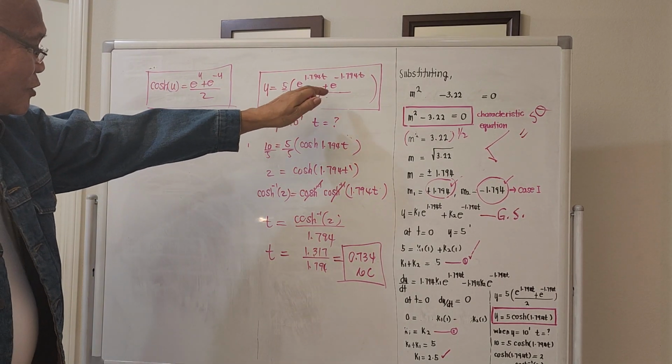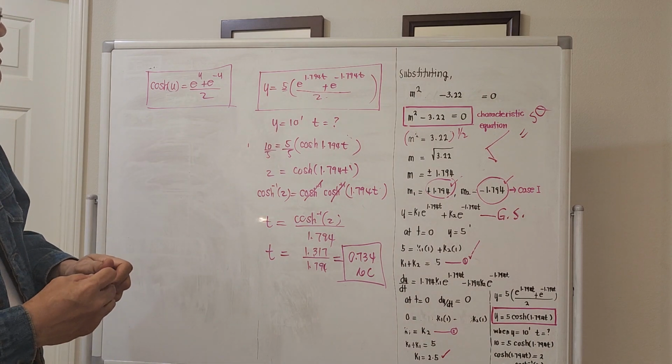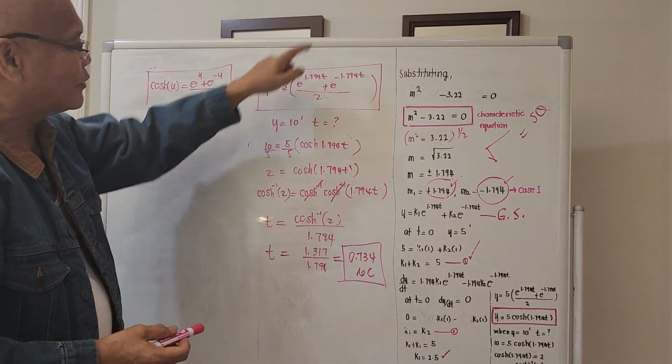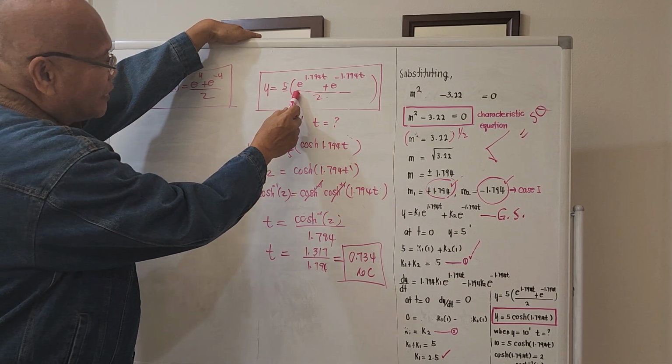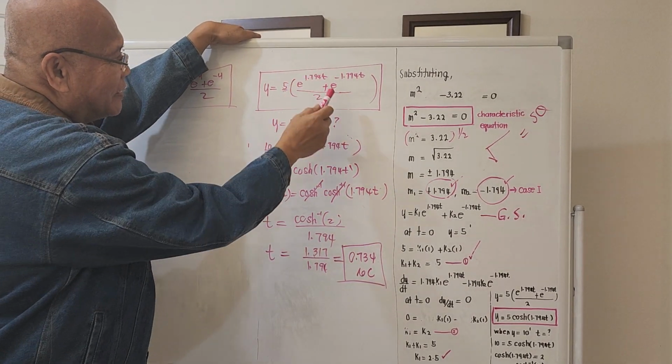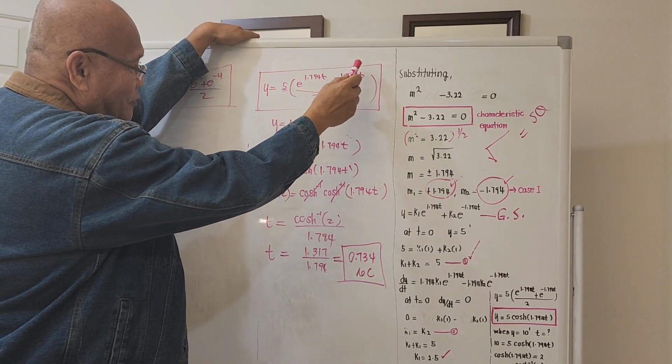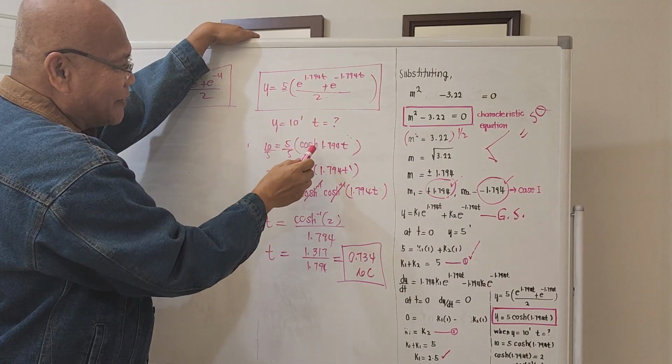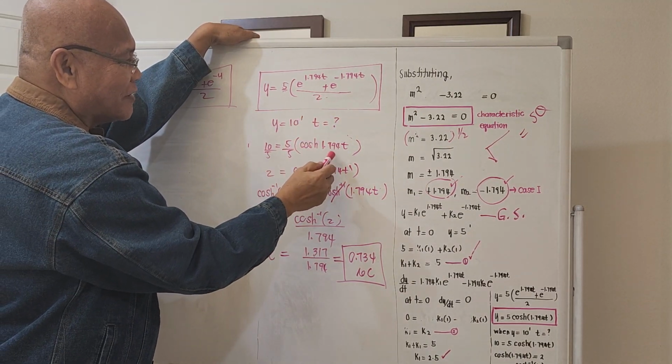That's the equivalent of this one. So actually we simplify it. Instead of working with the exponent, the equivalent of e to the 1.794t plus e to the negative 1.794t over 2 is actually hyperbolic cosine of 1.794t.